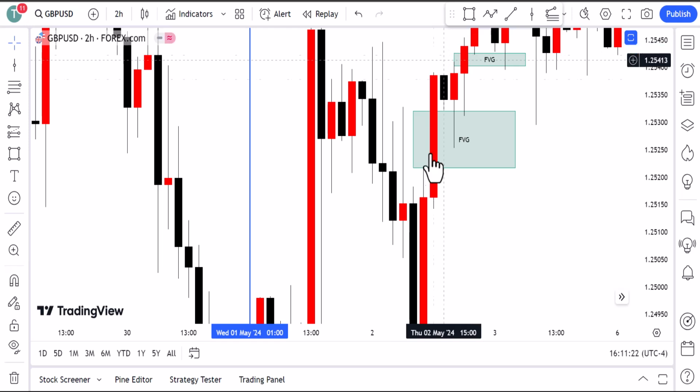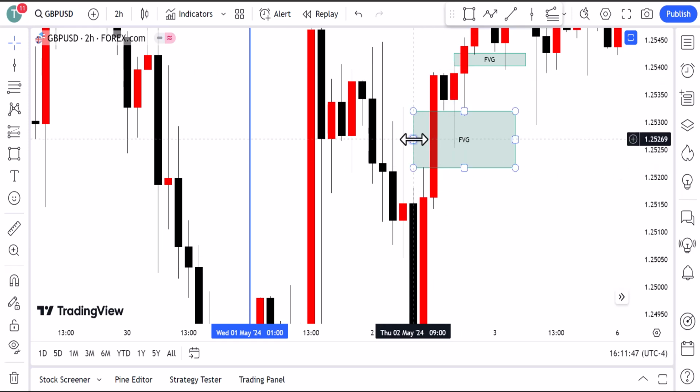When I told you that there are 3 types of FVG, remember this FVG we have here is going to be manipulation. That is the type 1 retracement manipulation of the FVG.